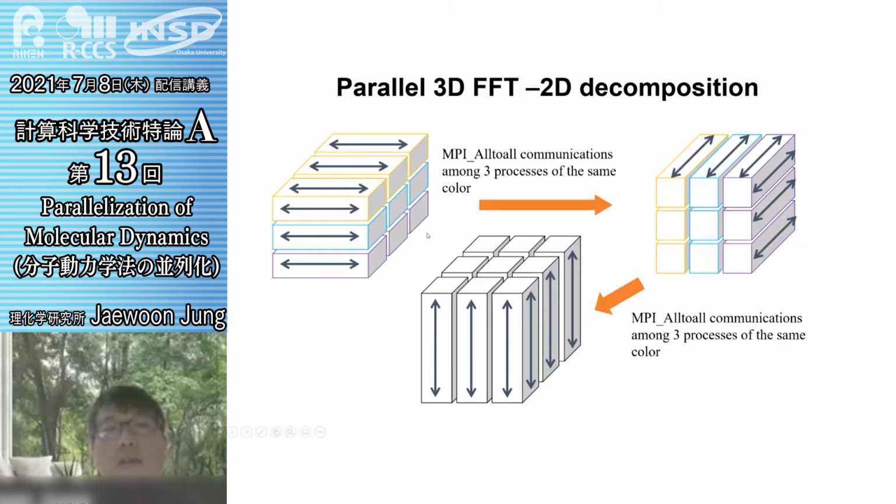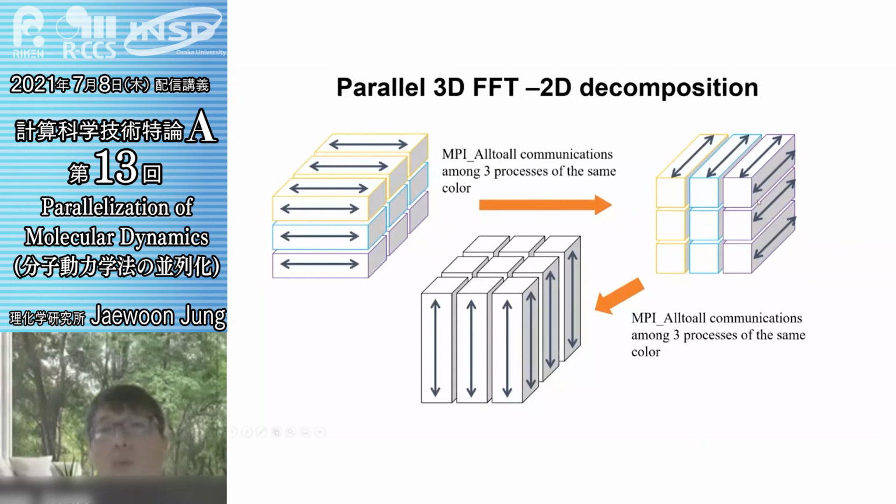But every processor does not have the global data in this direction, so we need all-to-all communication among three processors of the same color. So in this case, for example, these three processors need to have the MPI all-to-all communication to have the data in this way, and to have the data in this way, and so on.